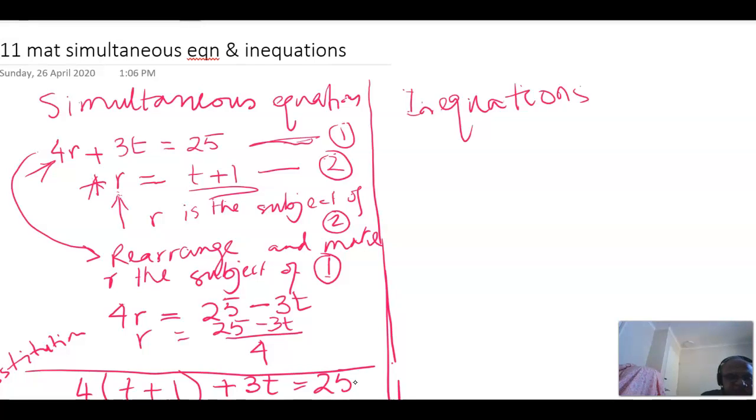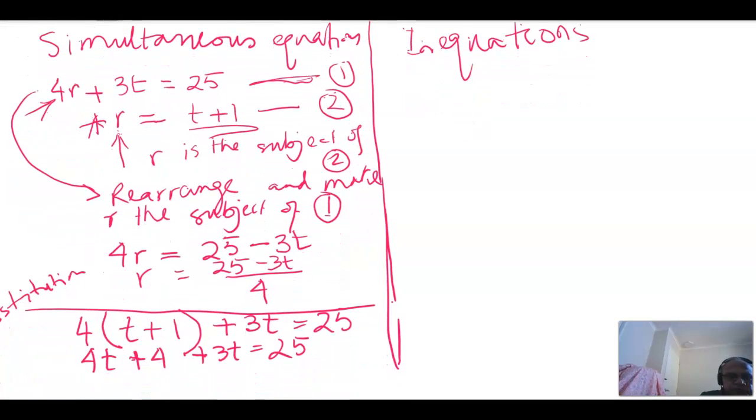And then expand this one, 4 times t plus 4 times 1 is 4, plus 3t equals 25. Now 4t and 3t, they are both positive. That will give you 7t plus 4 equals 25. You've got to have that kind of fluency in level 1.